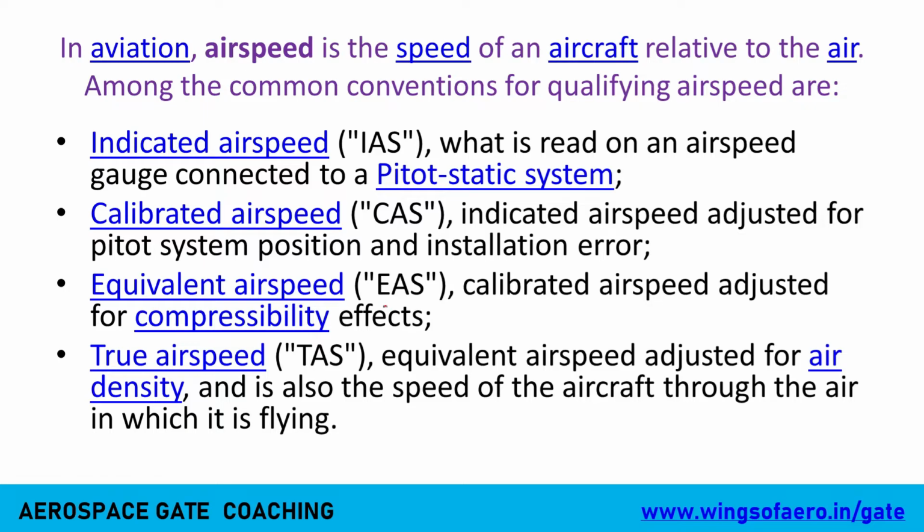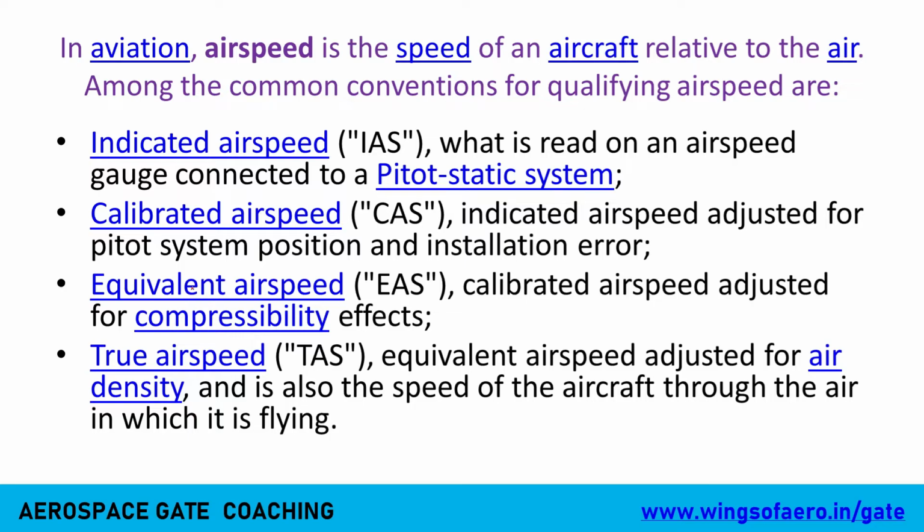Then we have equivalent airspeed. What is that? The calibrated airspeed adjusts for compressibility effects. So if any compressibility effects are present, they will also be taken into account, and accordingly the value will be shown to the pilot. Now what is true airspeed? True airspeed says that the equivalent airspeed adjusts for the air density and also for the speed through the air in which it is flying.